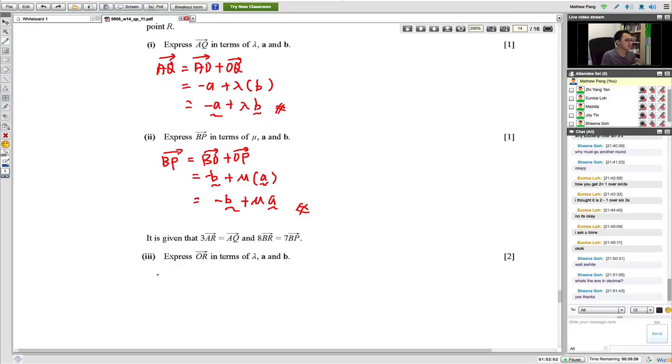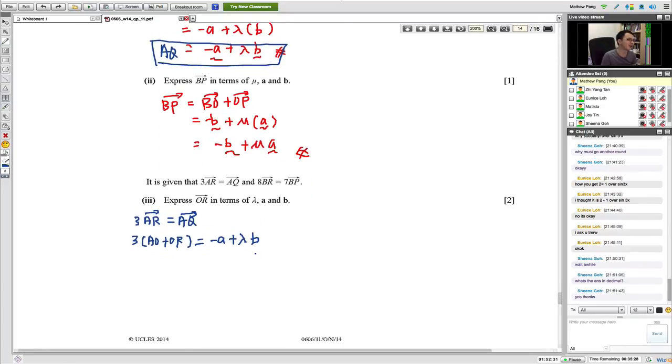So 3AR equals AQ. AR is just AO plus OR, equals AQ. I have AQ already, so I will copy the whole AQ here. AQ equals negative a plus lambda b. We want to make OR the subject, basically.